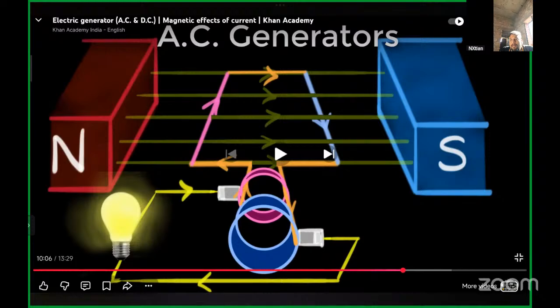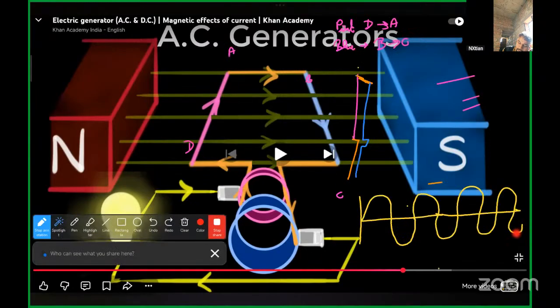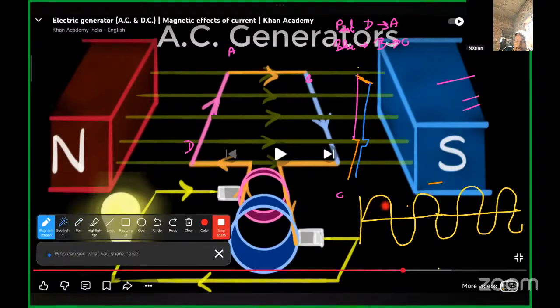Current will be there. But I believe the oscillation which is created, like I told you, the oscillation. For example, if it is fast, then it is creating 1, 2, 3, 4 oscillations per second.